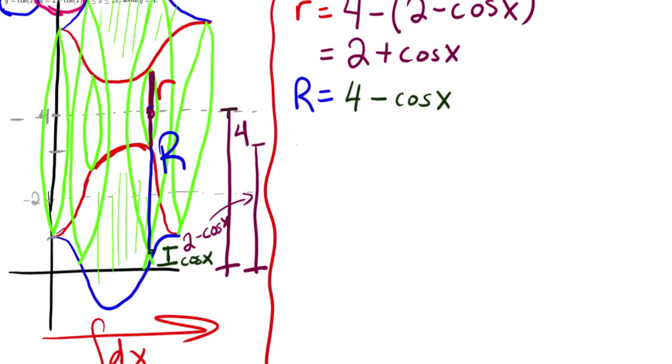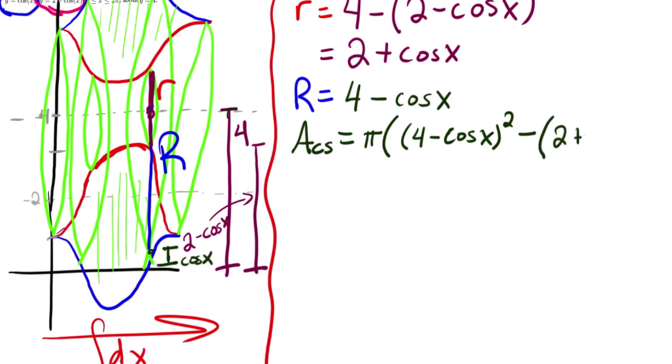Okay, so then the area of my cross section, my washer, is simply equal to pi times big R, the big radius, squared, so 4 minus cosine x squared, minus little r squared, which is 2 plus cosine x squared.